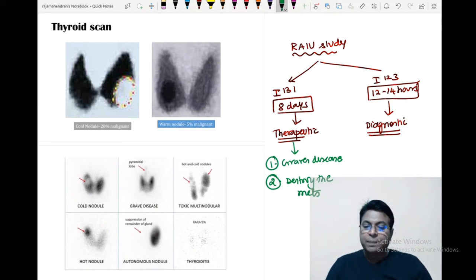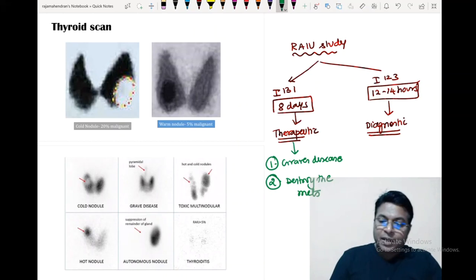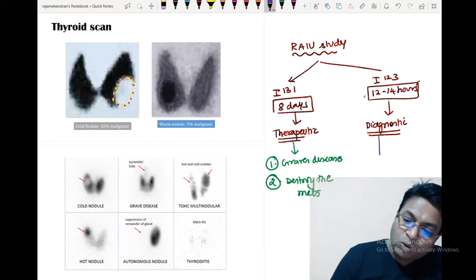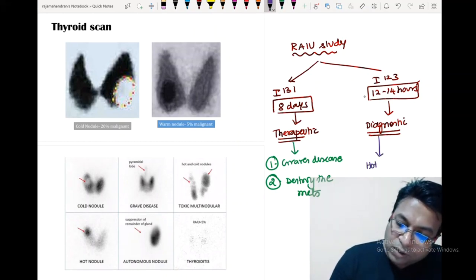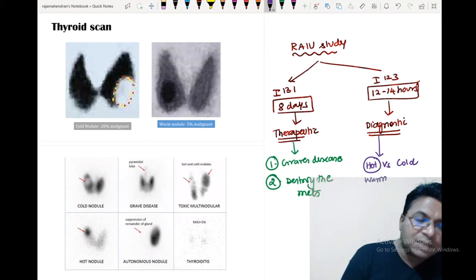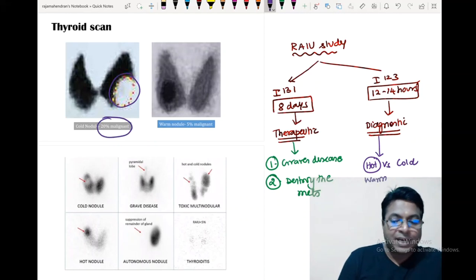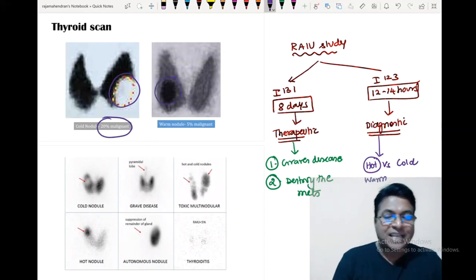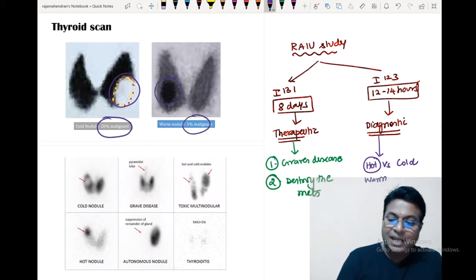It is diagnostically used to find out whether it is a hot or cold nodule. Now the hot nodule name is changed to warm nodule. This is a picture showing you a cold nodule. Cold nodules are 20% malignant, and a warm nodule, which has increased activity, is 5% malignant.